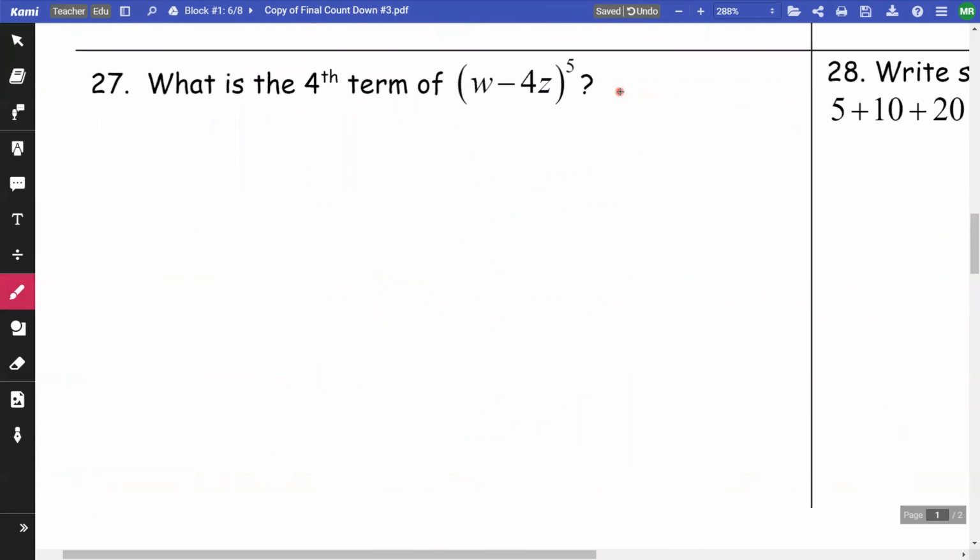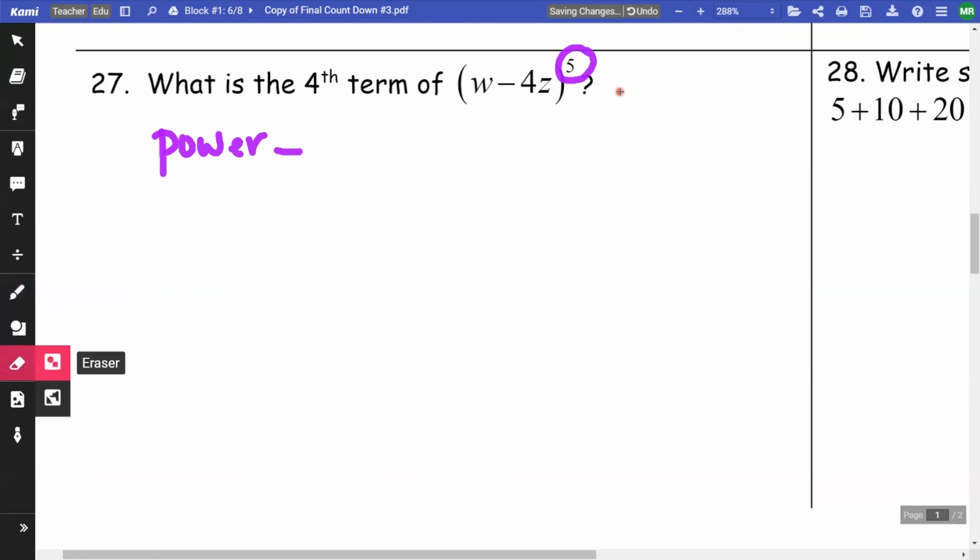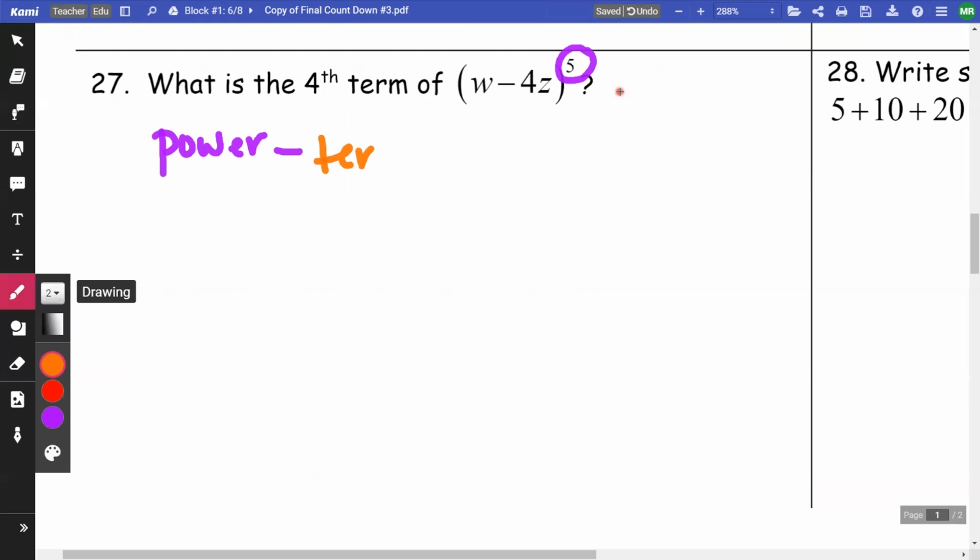On 27, this is the binomial theorem, where what you want to do is take the power that you're raising the binomial to, minus the term that you're looking for.